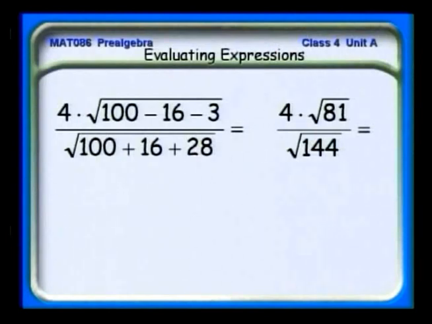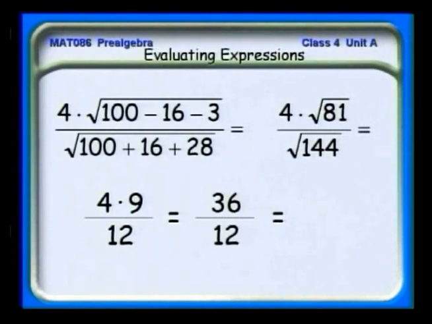When I do, I get 4 times the square root of 81 divided by the square root of 144. The square root of 81 is 9. The square root of 144 is 12. So now my expression becomes 4 times 9 divided by 12. That's equal to 36 divided by 12, which gives me 3.